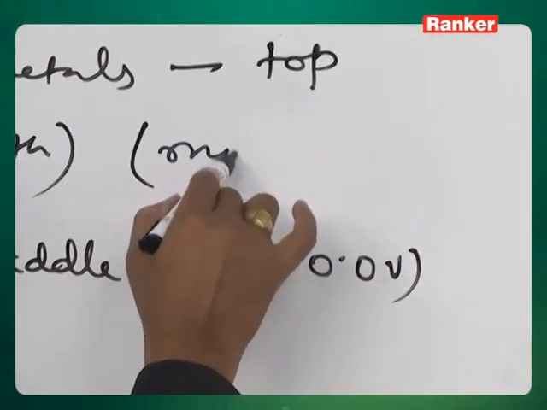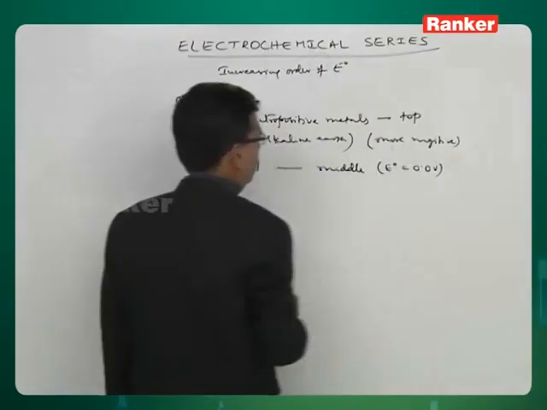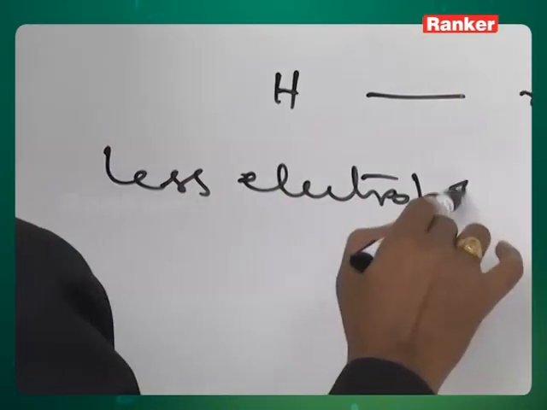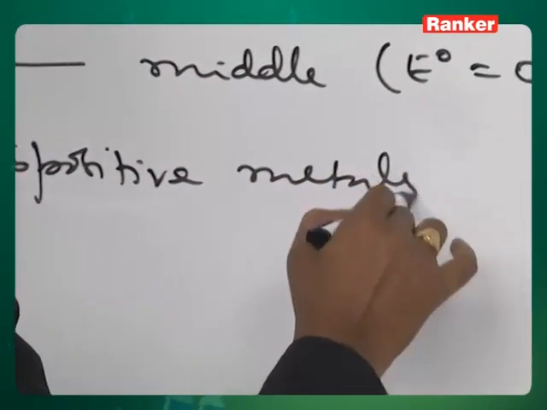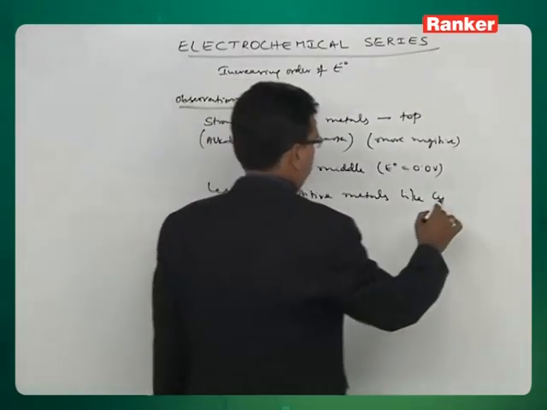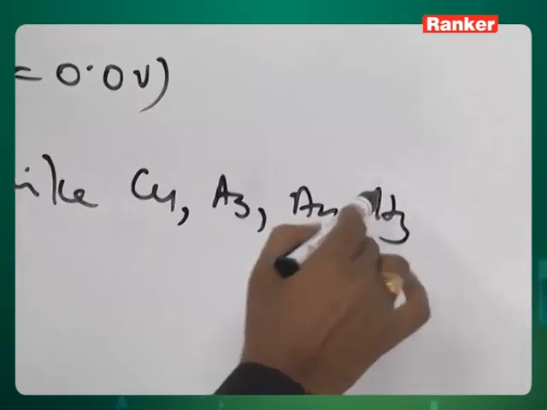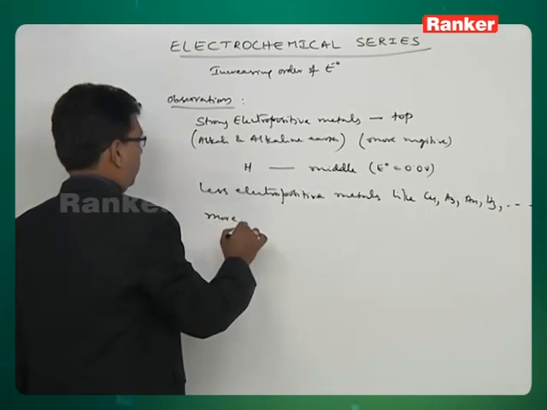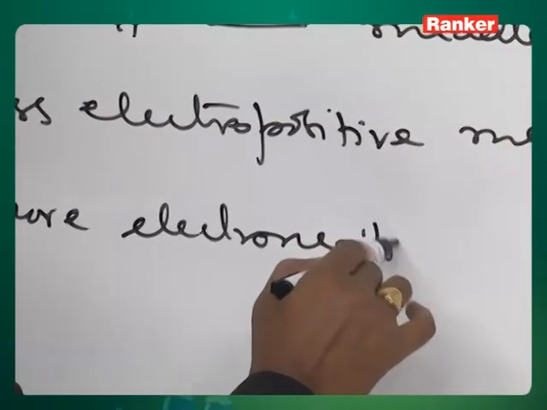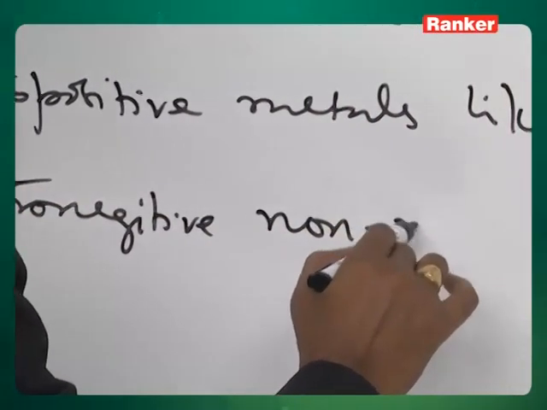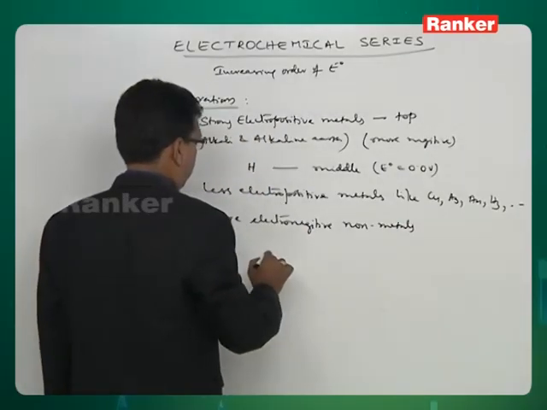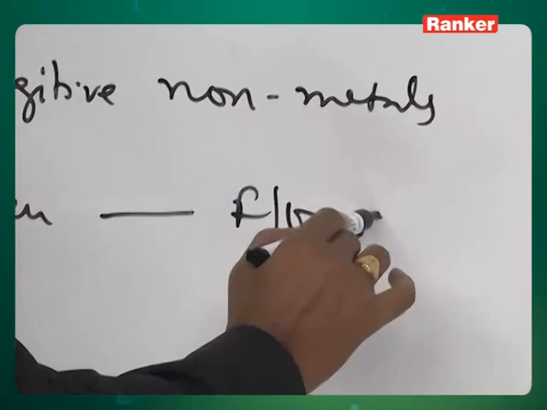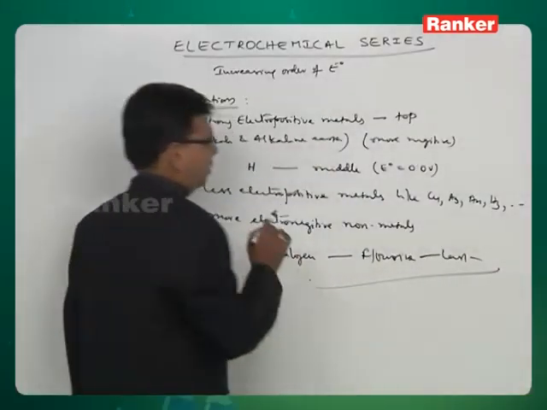These have more negative values, then followed by less electropositive metals like copper, silver, gold, mercury, etc. Then more electronegative non-metals, and finally halogens, fluorine last. This is the sequence.